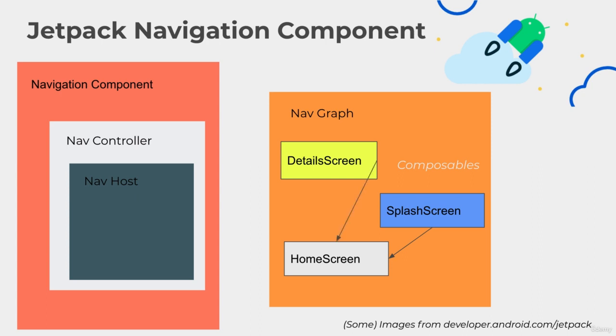For instance, the splash screen connects to the home screen, and the home screen could be connected to the detailed screen or vice versa. So this is the structure of the navigation component, which allows us to do more complex navigation as opposed to the usual old school start activity and pass information.